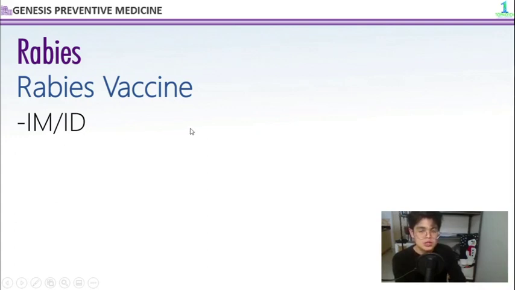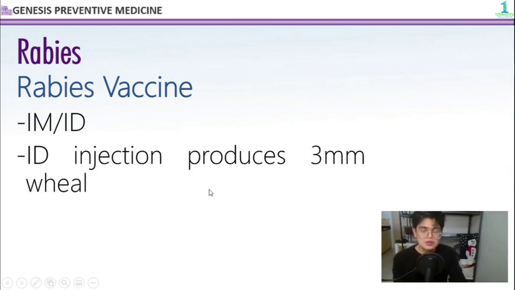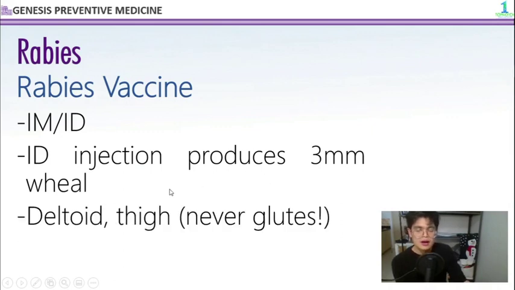So the doses for each will vary, as we will see later on. For intradermal injections, you need to achieve a 3 mm wheal, and it is always given either in the deltoid or the thigh for the intramuscular administration, never the gluteus muscles or in the butt.